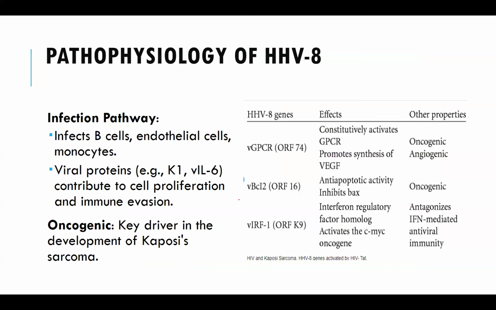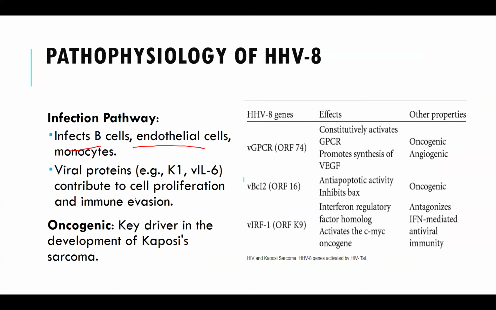In the pathophysiology, human herpes virus number 8 loves infecting the B cells and the endothelial cells, as well as the monocytes. After infection, it produces special viral proteins, the ones we call K1 and vIL-6, and these contribute to cell proliferation and evasion of the immune system.